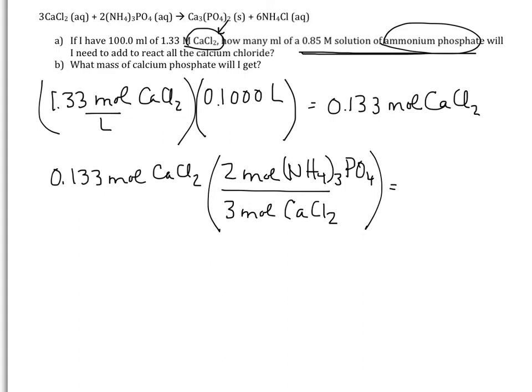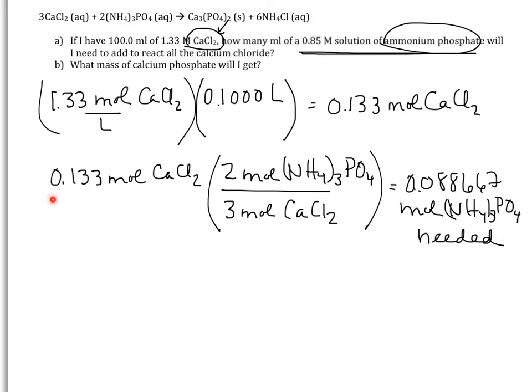And so what that gives us is 0.088667 moles of (NH4)3PO4. Sorry, that's a little messy. This is what's needed.